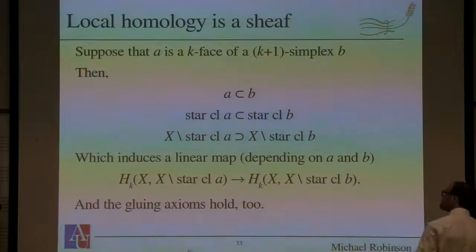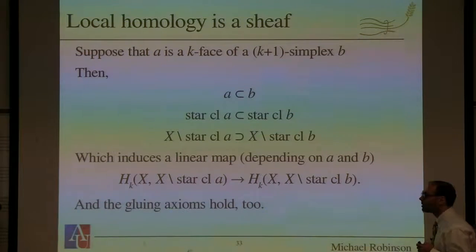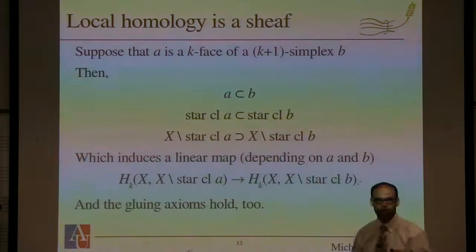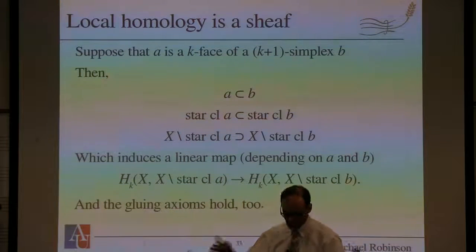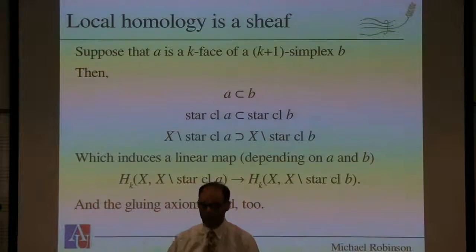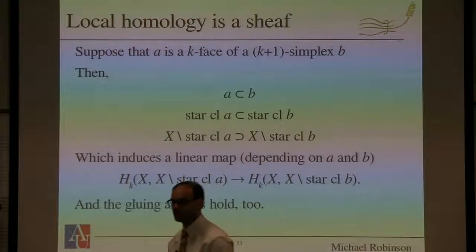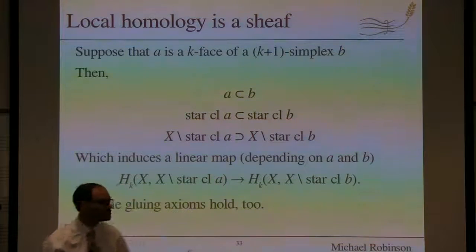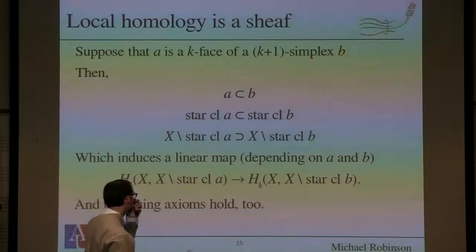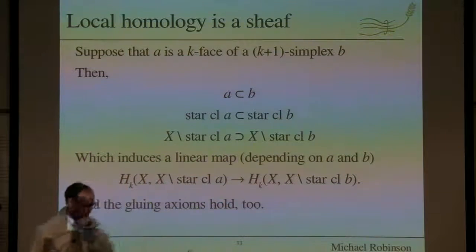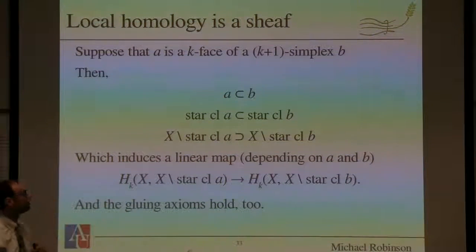And sort of the parting comment here is local homology actually is a sheaf. If I take a look at zooming in on a particular spot by way of moving to smaller sets in my Alexandrov topology, this local homology ends up, because homology is a functor, still coming along for the ride.